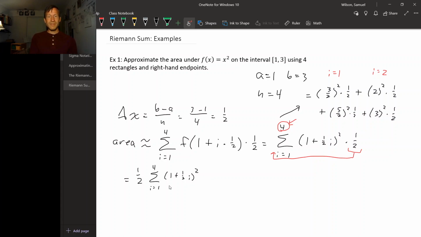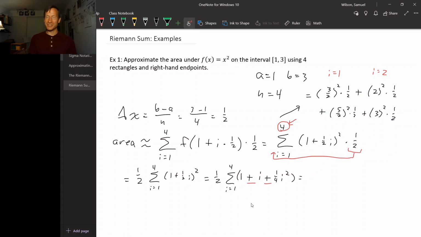Another thing we can do is actually multiply out this squaring. That's going to give us 1/2 times the sum from i equals 1 to 4 of 1 plus i plus 1 over 4 i squared, if I multiplied that out correctly, which hopefully I did. Now we have some additions inside of our sigma, so we can distribute the sigma.